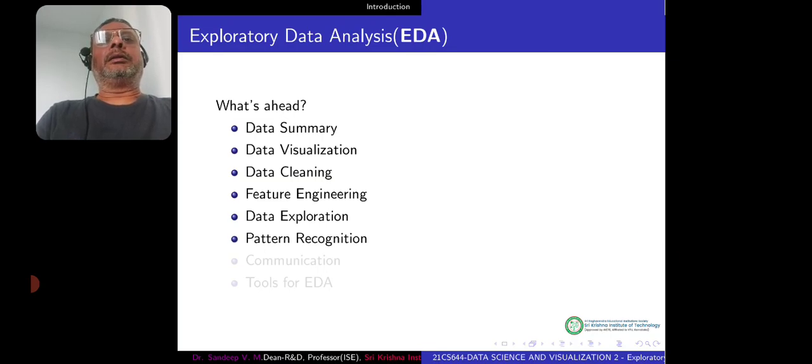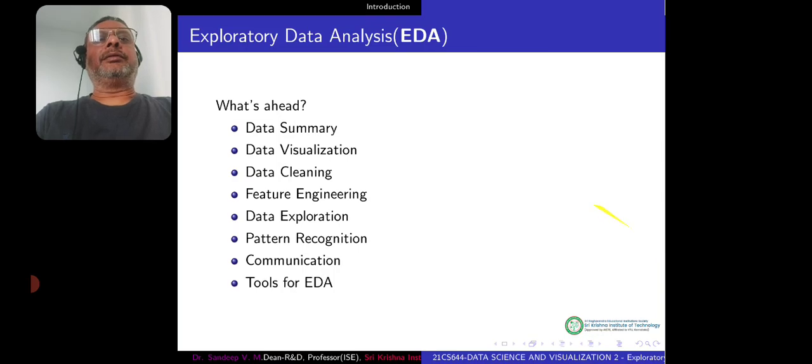And exploring the data will provide us a pattern to be recognized from the data, and then we need to know how the information about the data can be communicated, and finally the various tools available for EDA.